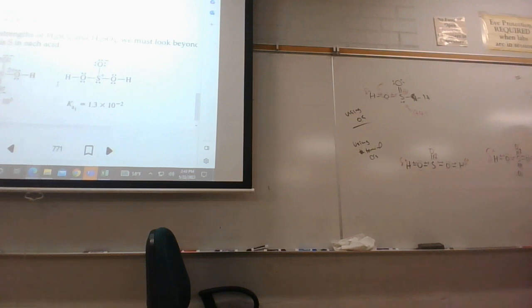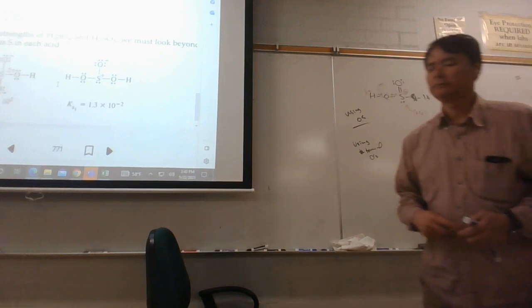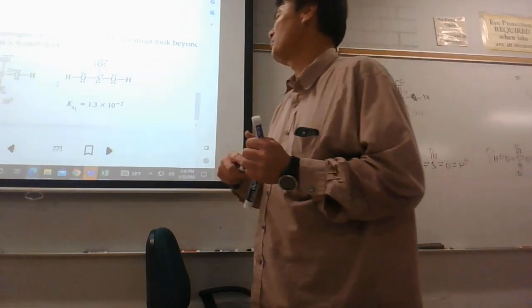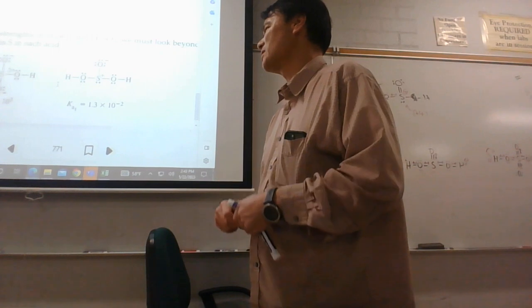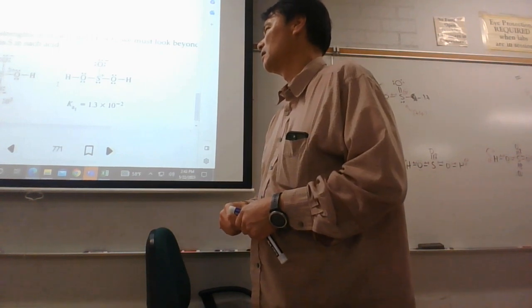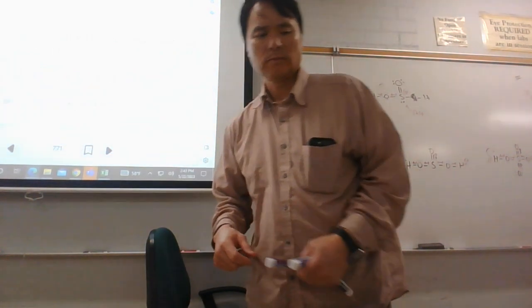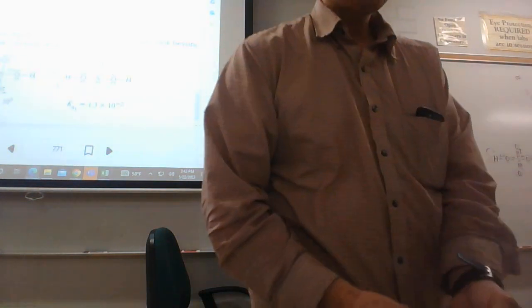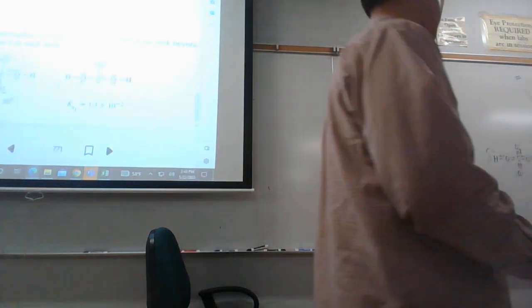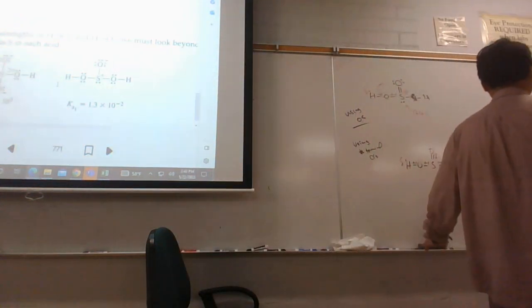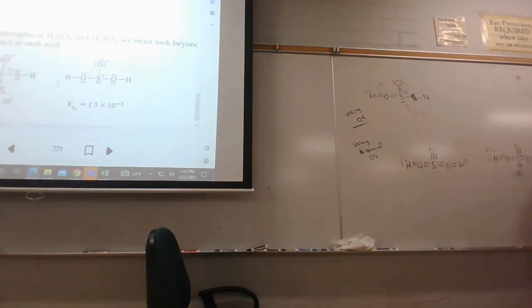Okay. So based on polarity, we predict sulfuric acid should be. Also based on base strength, sulfuric acid should be. Okay, now what we're going to do is we're going to compare the base strengths using the expanded octet.